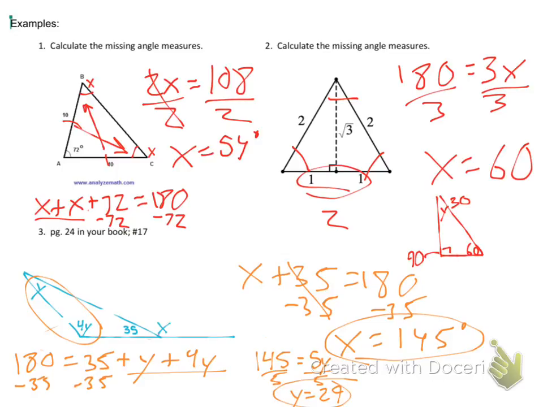It's okay to answer. Because what's at that angle? Y. Y by itself is 29.